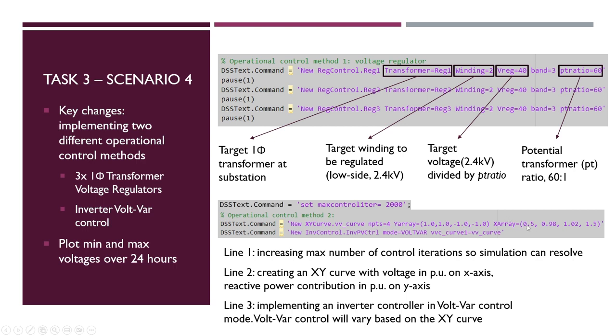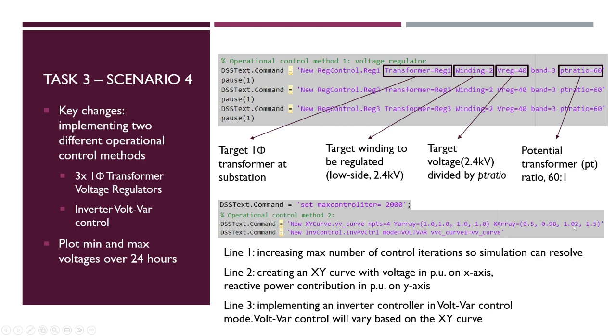So if the voltage per unit is, terrible, 0.5, we're injecting all of the reactive power we can to try and raise that voltage back up. And even until it reaches 0.98 per unit, we're still going to inject all of the reactive power for as sharp of a transition as we can.